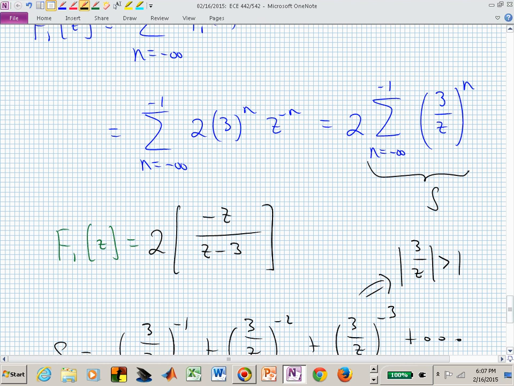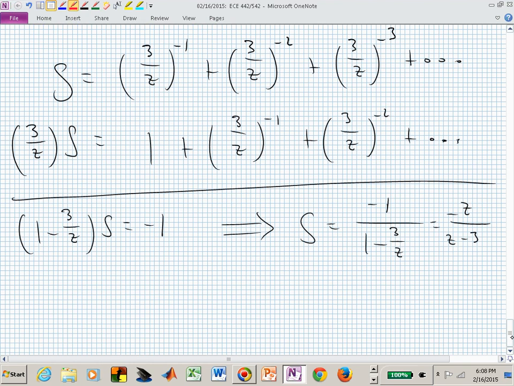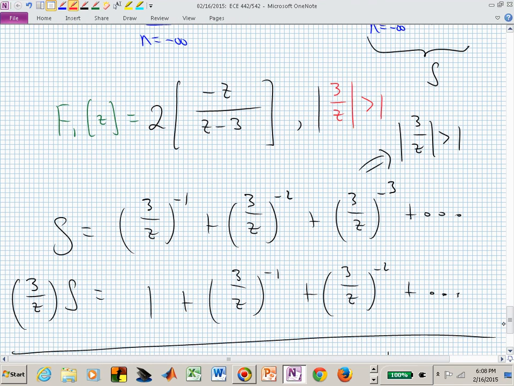And that was true as long as 3 over Z was bigger than 1. Or what does that look like if we sketched that region in the complex S-plane?